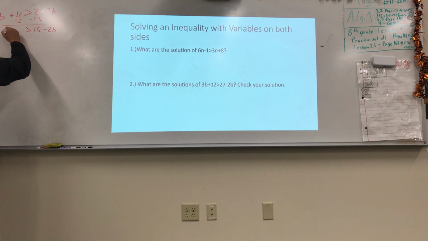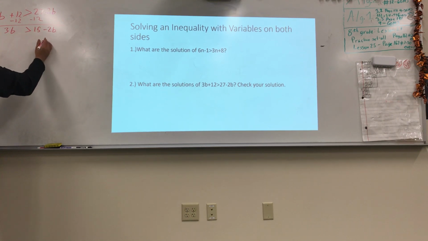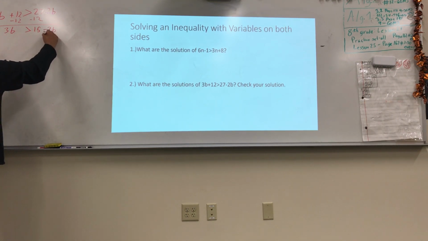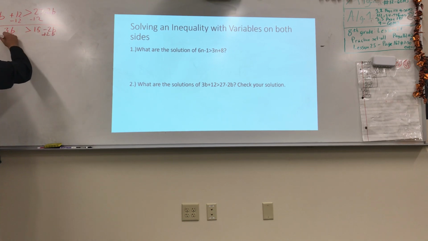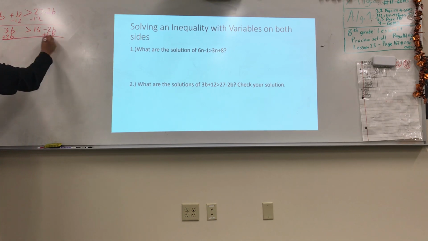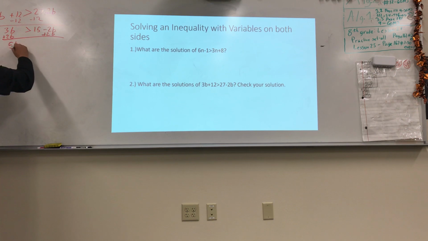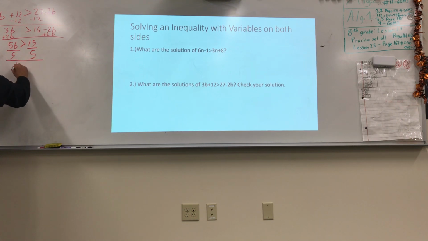Alright, plus 2b, we have 5b is less than 15. Divide by 5, what we do to one side, we must do the other. You have b is less than 3. Just like that.